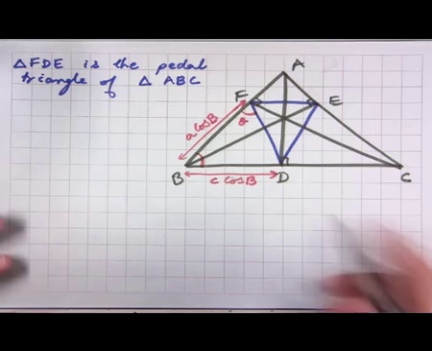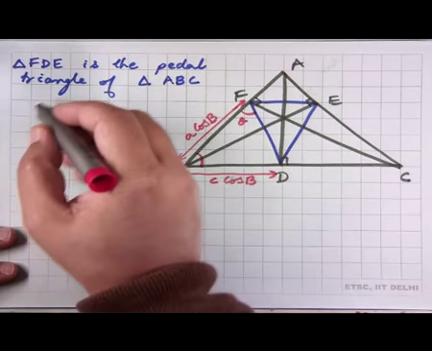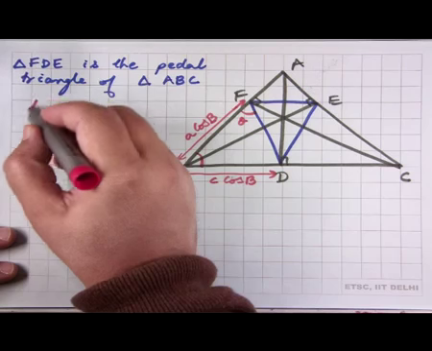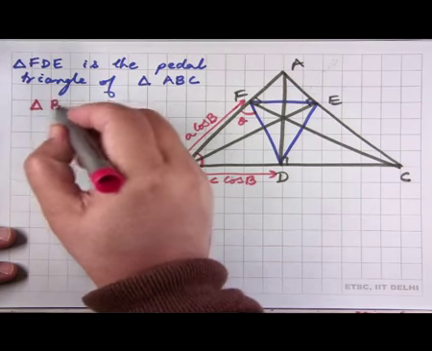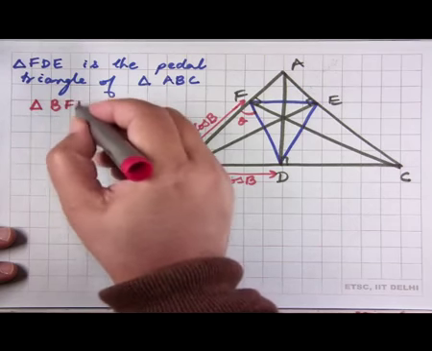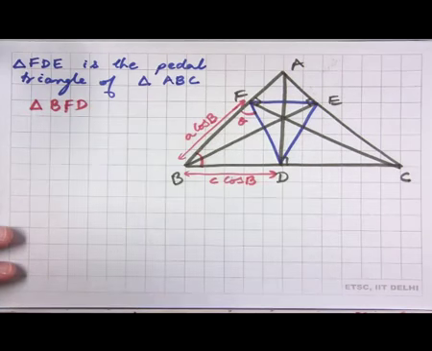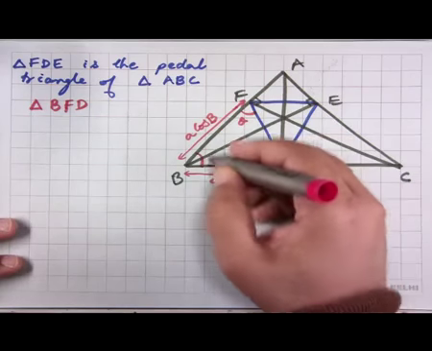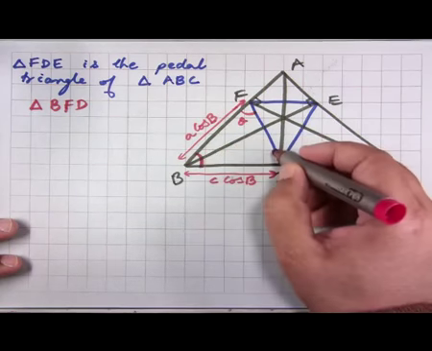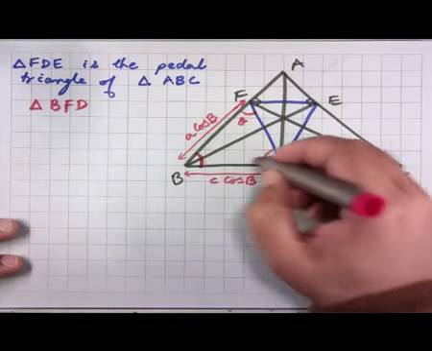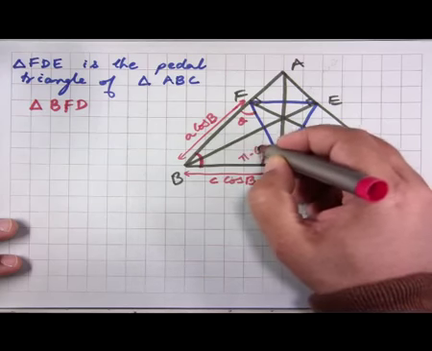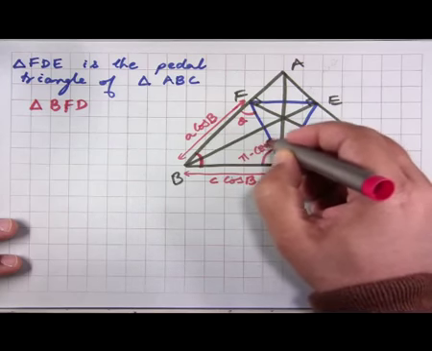And therefore, if we consider this triangle BFD and we apply the sine law to this triangle. Of course, because this angle is B, it is clear that this angle is nothing but pi minus B plus theta.